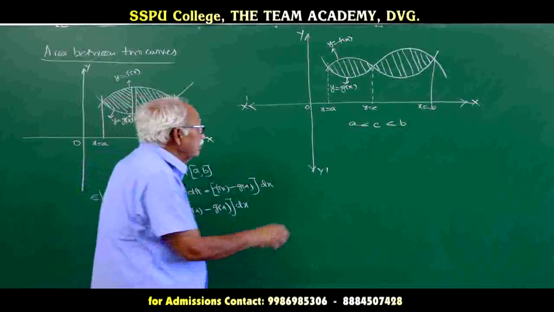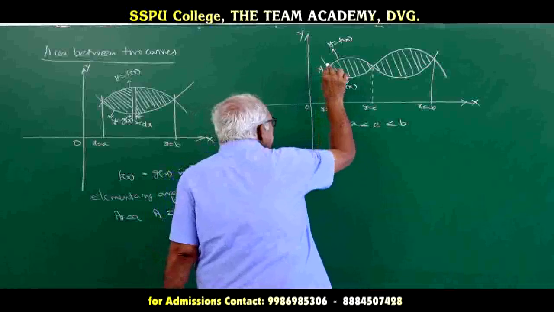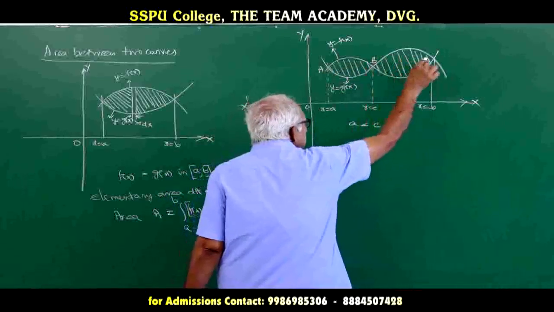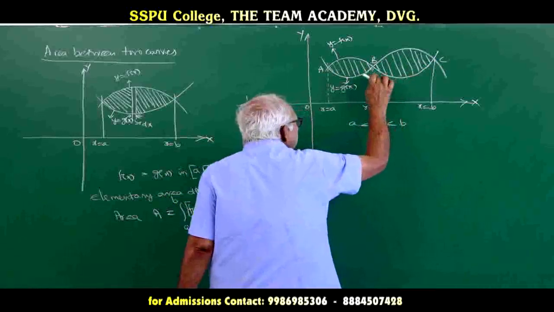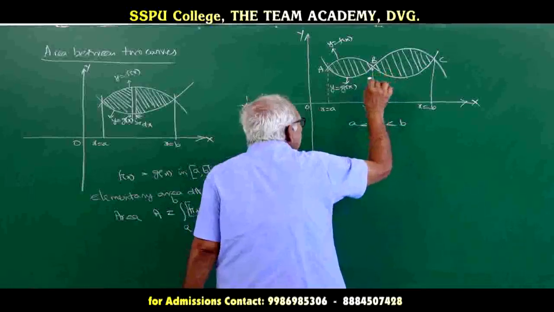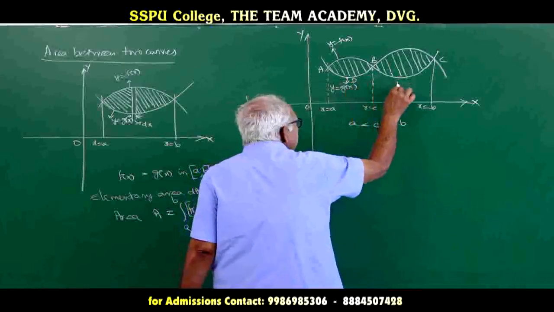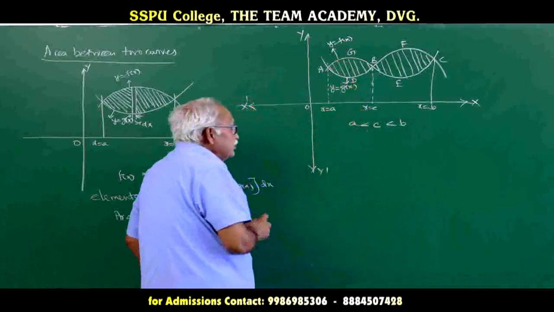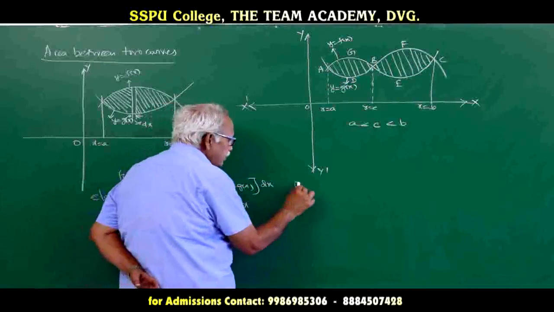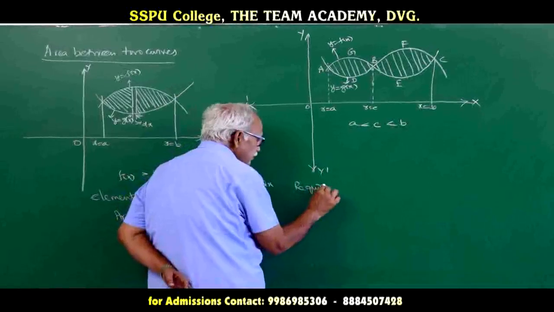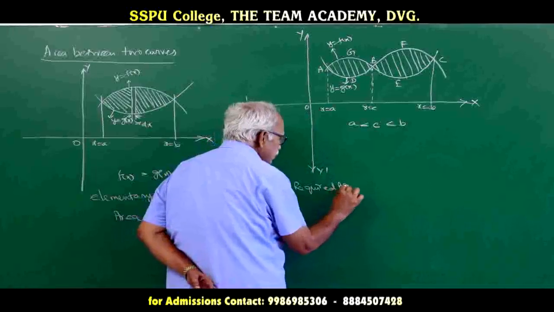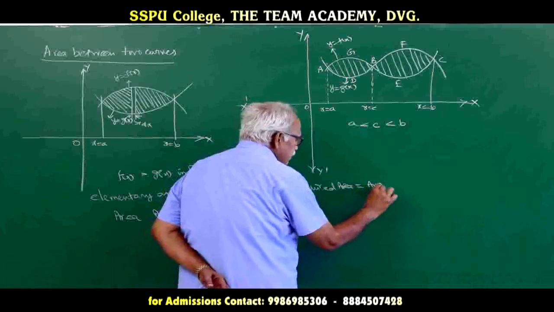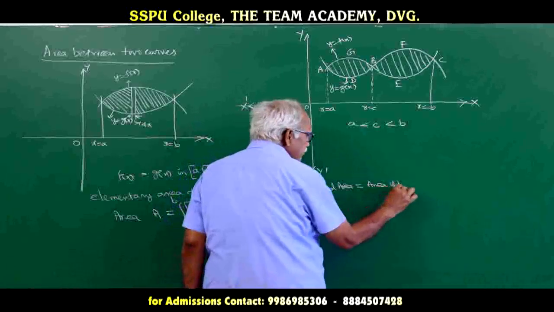Now, we can also name these points A, B, C, D, E, F, and G. So, here the required area becomes the area of the region.